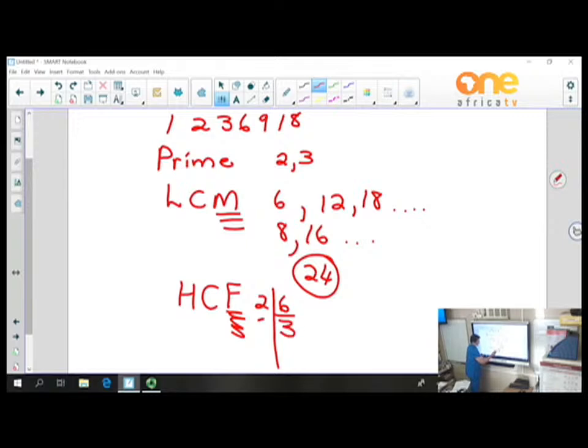And the number 8, which will be 4 and 2, 2, 2, 1. So the highest common factor here, the common ones that we can take out, is 2. This is the only common one. So the highest common factor here is 2. So that is what we find on page 3.